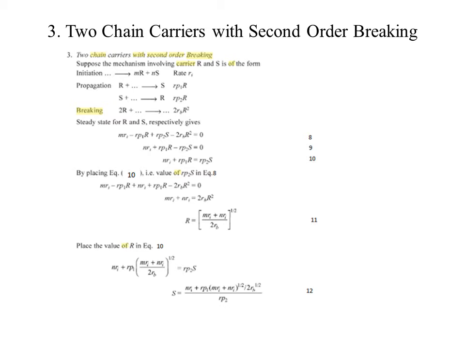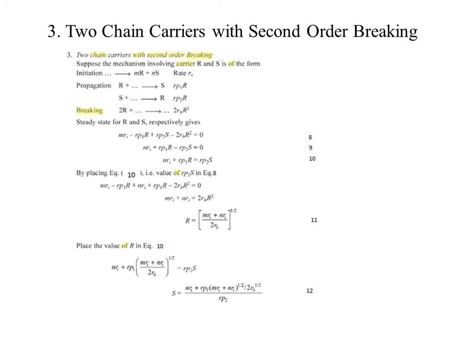This is equation number 8. For S: MRi plus Rp1R minus Rp2S equal to 0, equation number 9, and MRi plus Rp1R is equal to Rp2S, equation 10.